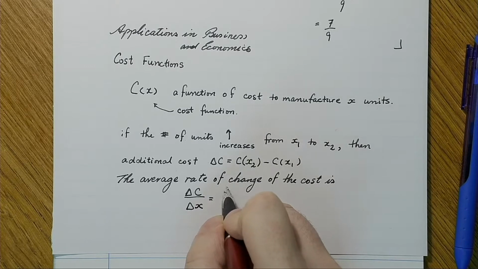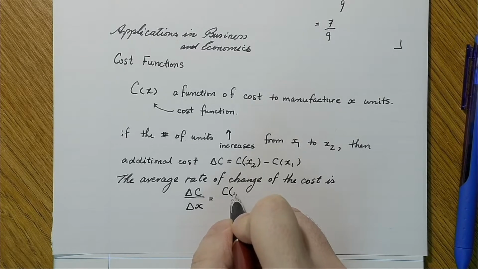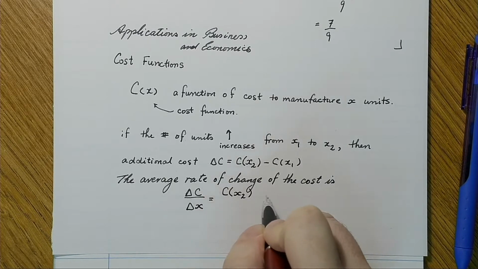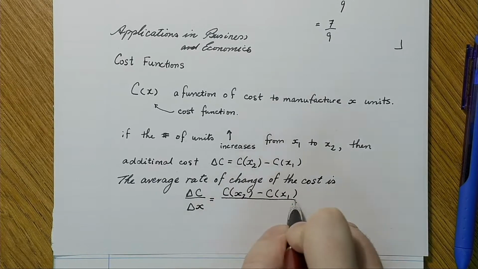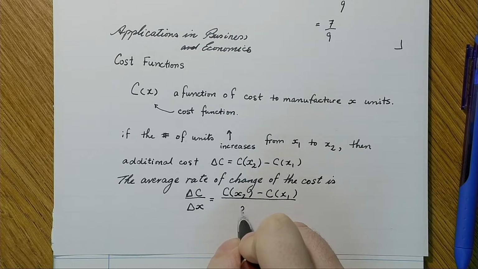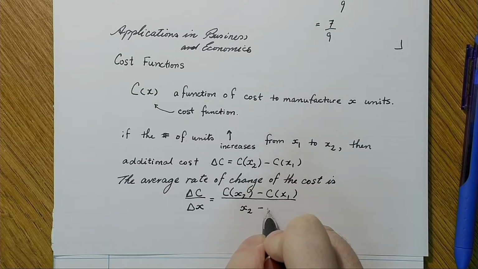So again, we can just write out our change, which is the cost of x2 units minus the cost of x1 units, all divided by x2 minus x1.